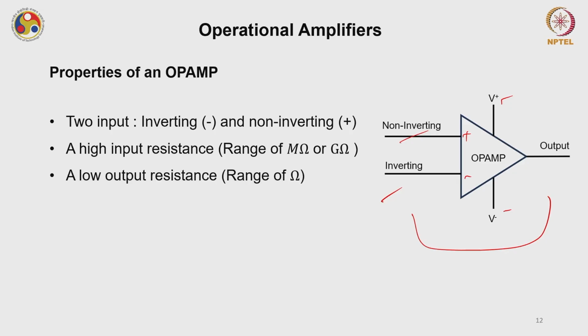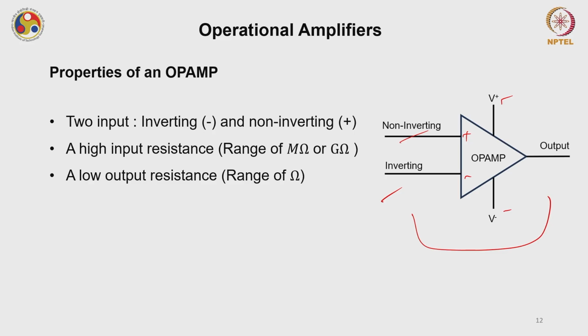However, the output resistance is very low, in the range of a few ohms. This characteristic is desirable for these amplifiers, because with a very high input impedance it is not going to withdraw any current from your power supply. So basically it is not going to load the existing circuitry or existing system.